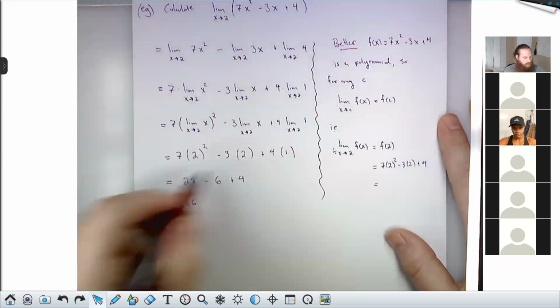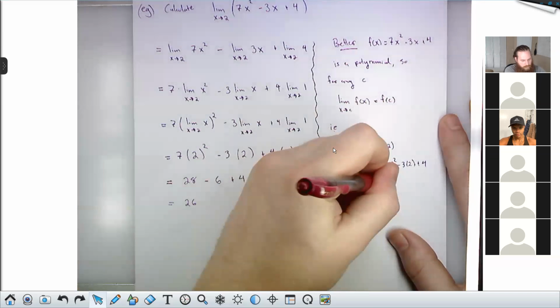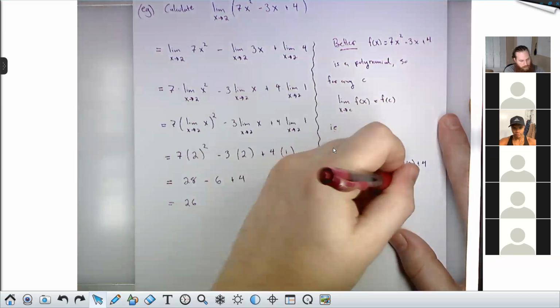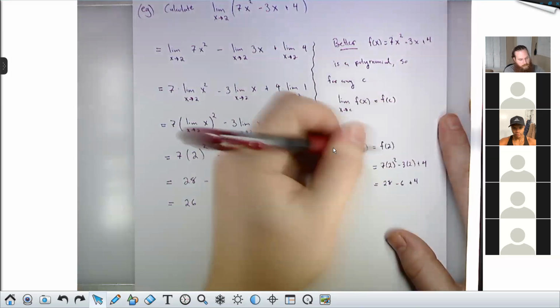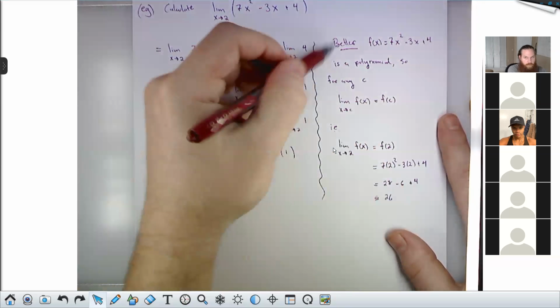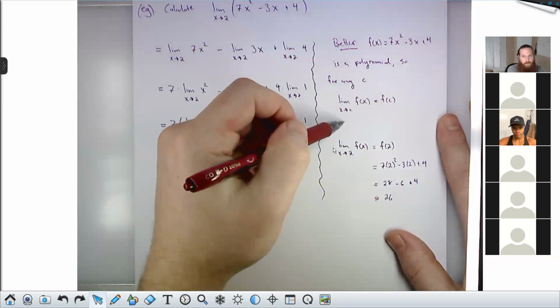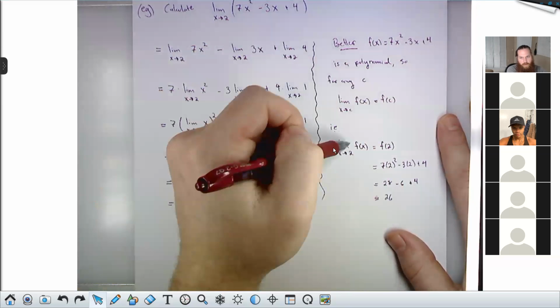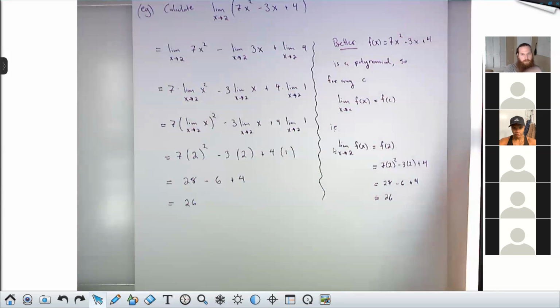And that gets us right down to here immediately, which is 28 minus 6 plus 4, which is 26. And really, you didn't even need to write this stuff. You could just say, because f is a polynomial, we can calculate the limit by plugging in.